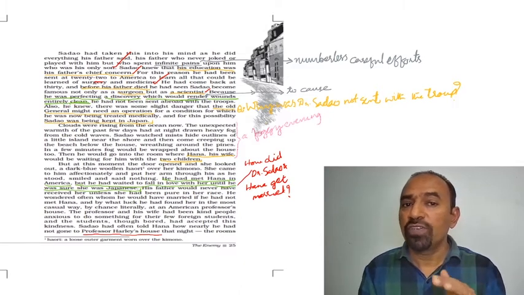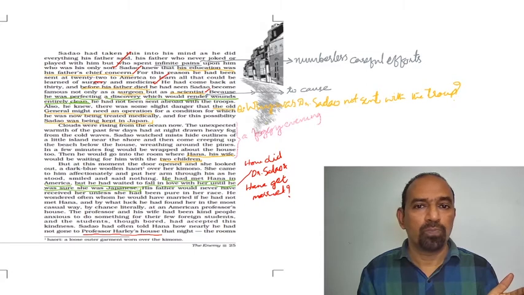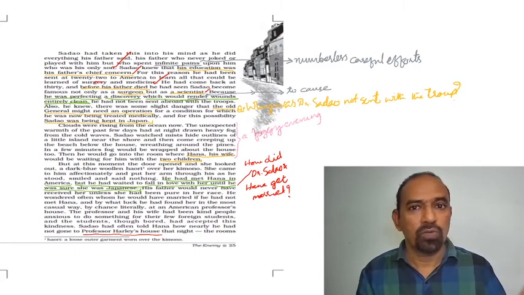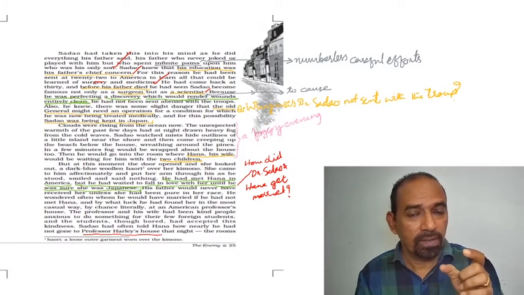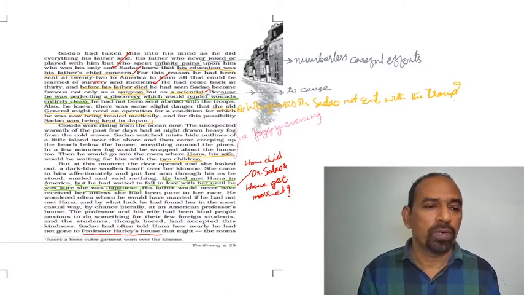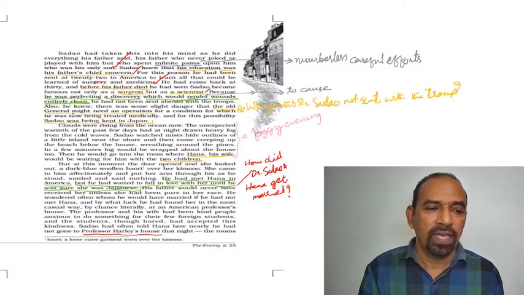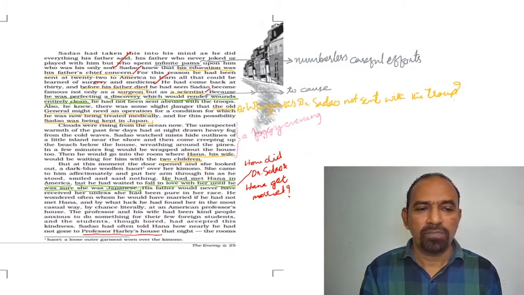Dr. Sadao was not sent with the troops because the war was going on between Japan and America, but he was not sent with the troops. The reason is, he knew there was some slight danger that the old general might need an operation.